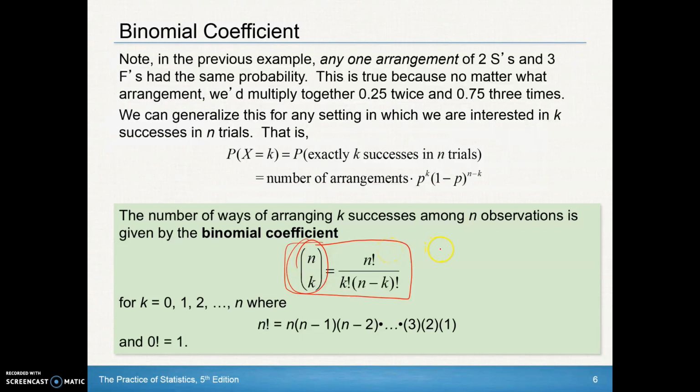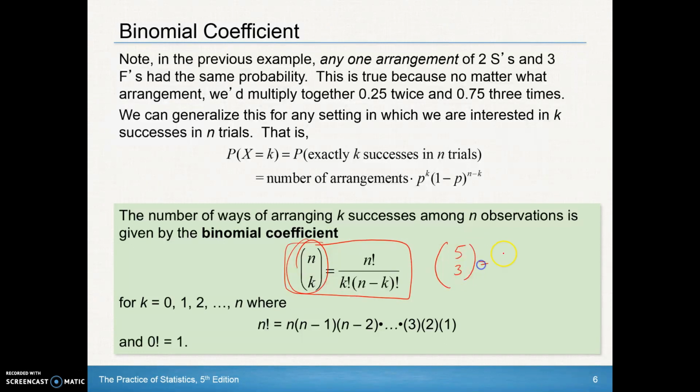One of the examples they had was 5 choose 3, so you have 5 total items, and we're choosing 3 out of those 5.